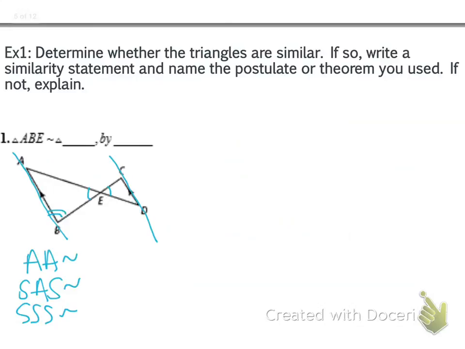So I could pick these ones or even these ones are also congruent. So if I look, my shortcut then is angle, angle, because I have at least two angles that are congruent. So that means triangle ABE, A matches with D, B matches with C, and then E matches with E. So we can say that they're similar.